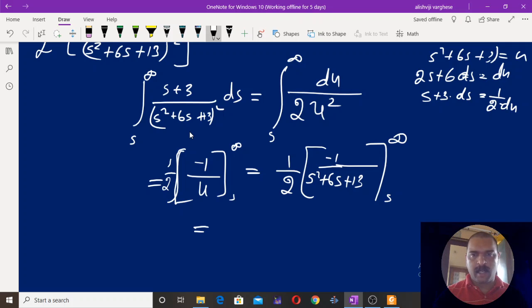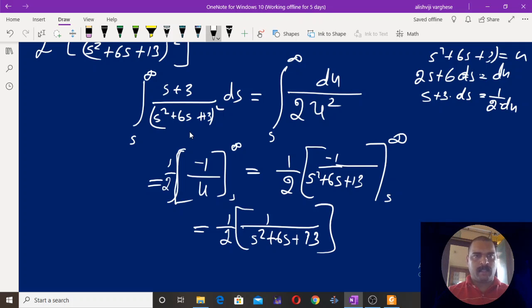So obviously at infinity it is 1 by infinity, which is 0, and at the lower bound it becomes 1 by 2 into 1 by s square plus 6s plus 13. Now that is the integral.